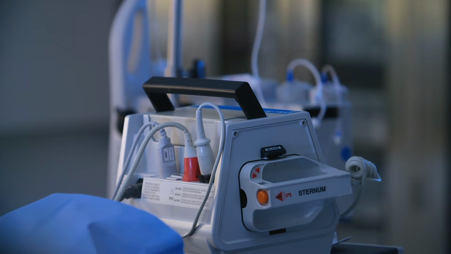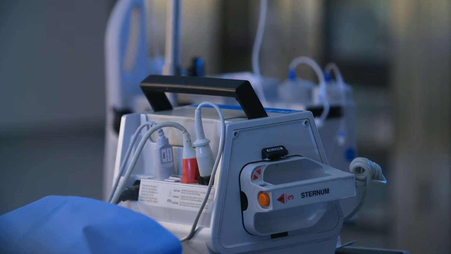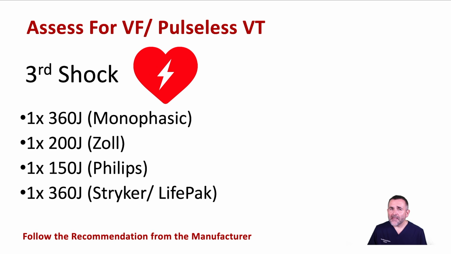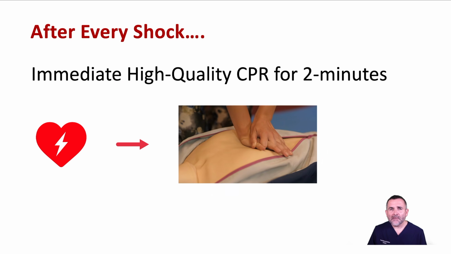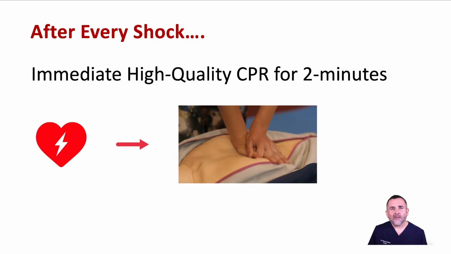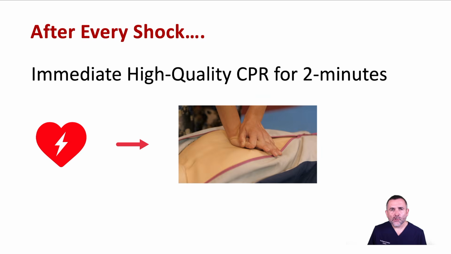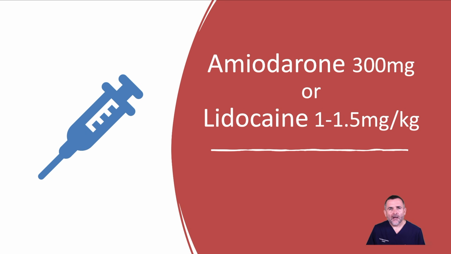After 2 minutes, we need to review the rhythm. If it's still VF or pulseless VTac, we can deliver our third defibrillation and immediately resume CPR for another 2 minutes. After the third shock, we can administer the amiodarone or lidocaine IV push.